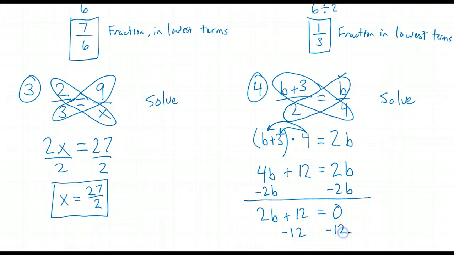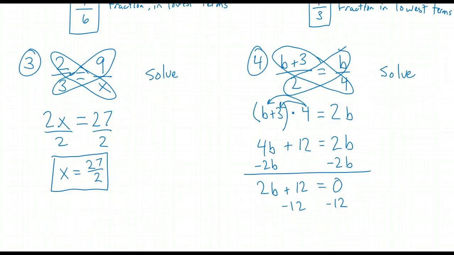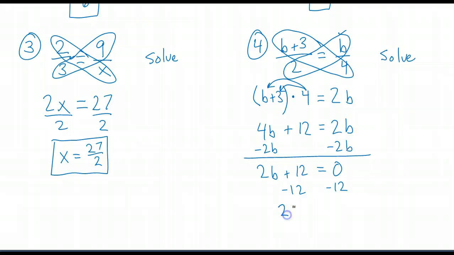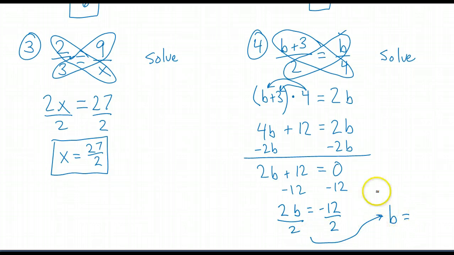Subtract 12. Divide by 2. My final answer is b equals, a negative divided by a positive is a negative, and 12 divided by 2 is 6. So b equals -6.